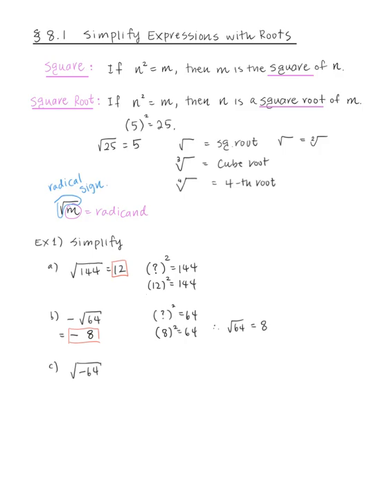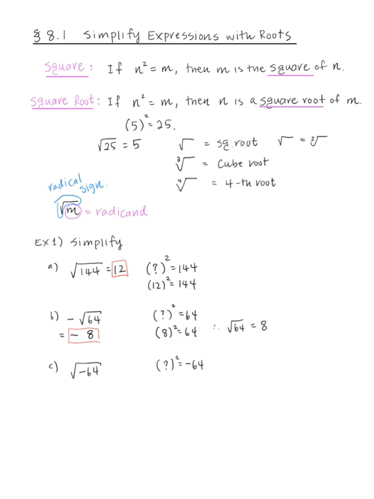Okay, so let's do the same thing. What we need to do is ask ourselves, what squared is going to give us negative 64? Alright, do you see something weird happening? Remember, if you square a number, whether the number is positive or negative, your answer is always going to be positive. Which means that there is no real number equal to square root of negative 64.